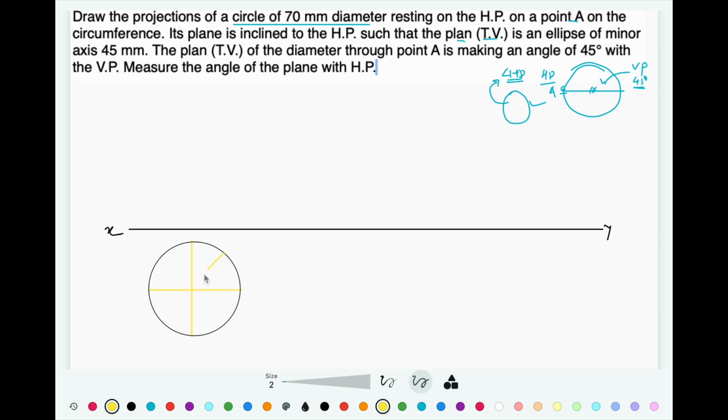I am going to split it into 8 equal parts. So let's say these are the 8 divisions: 1 2 3 4 5 6 7 8. Project all the points for the front view.